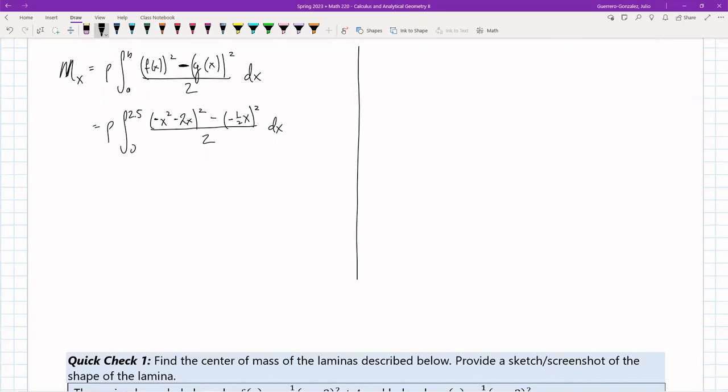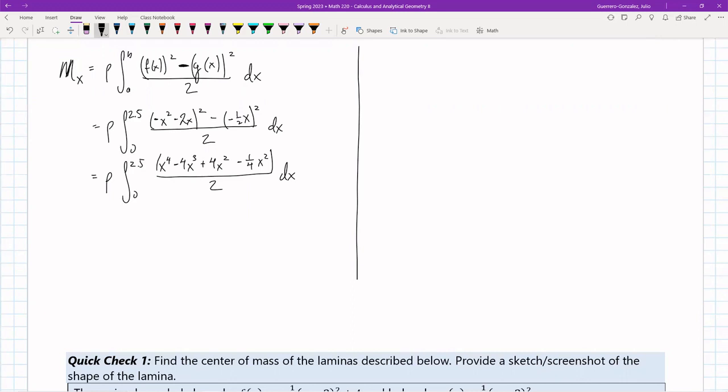I'm going to go ahead and solve a little bit more. Rho, 2.5, all of this is going to reduce down to, let me get this right, yes: x to the 4th minus 4x cubed plus 4x squared minus 1/4 x squared, all on the top, divided by 2 dx.